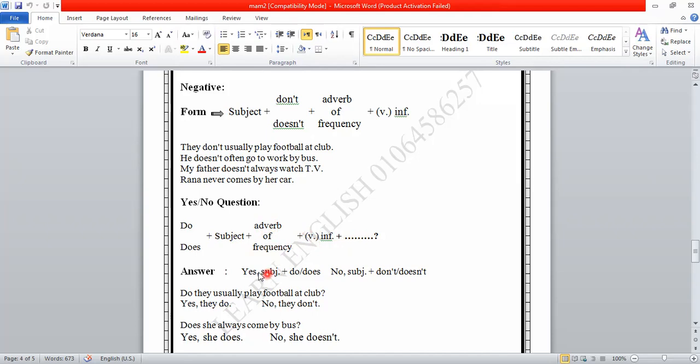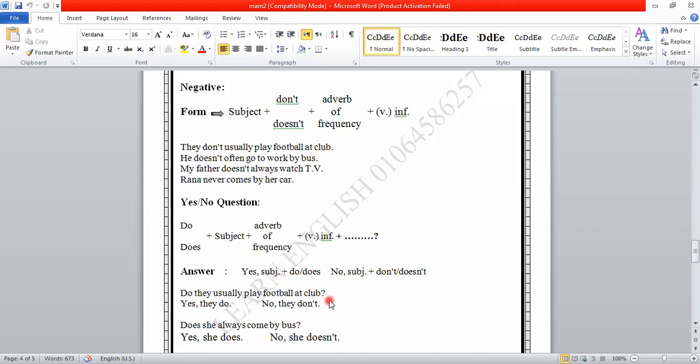When you answer this kind of question, your answer will start with yes or no. You put yes, subject, plus do or does regarding the subject. No, subject, don't or doesn't. Here is an example.